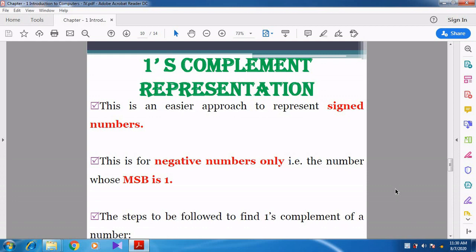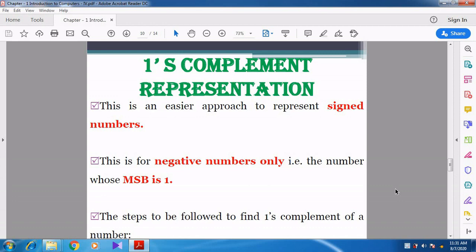Now we are going to see the ones complement representation. Can you understand, students? The last topic was binary representation for signed numbers, or signed magnitude representation. Very simple, only key points you want to remember. Signed magnitude representation means the leftmost bit, otherwise called the most significant bit, is the sign bit or parity bit.